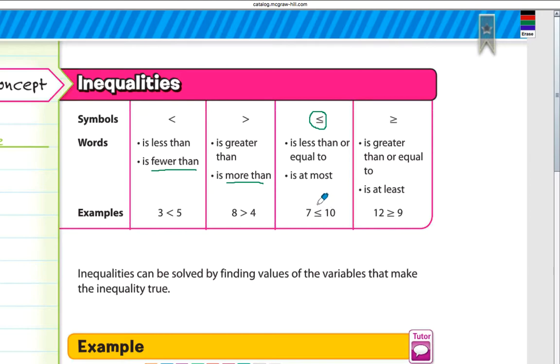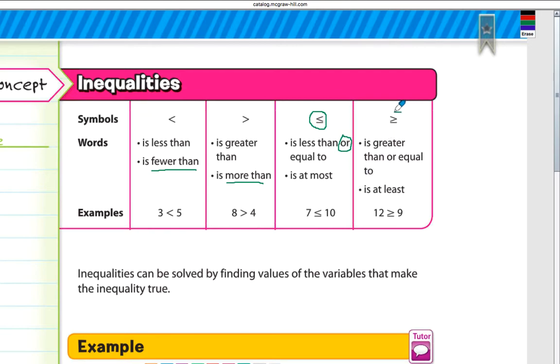Well, in our minds, we know that 7 is actually less than 10. 7 is not equal to 10. But this sign works because it says 7 is less than or equal to 10. And we know that 7 is less than 10.